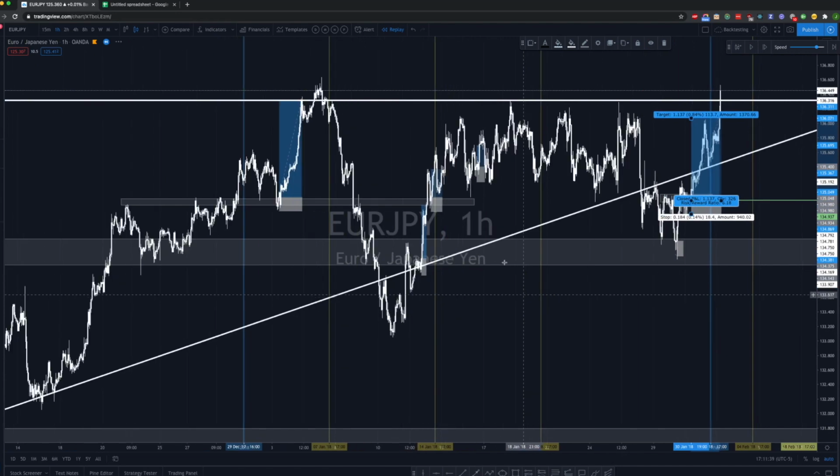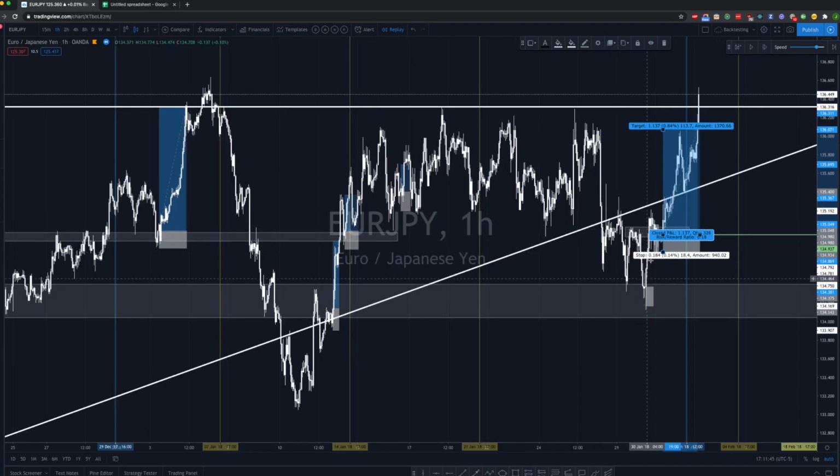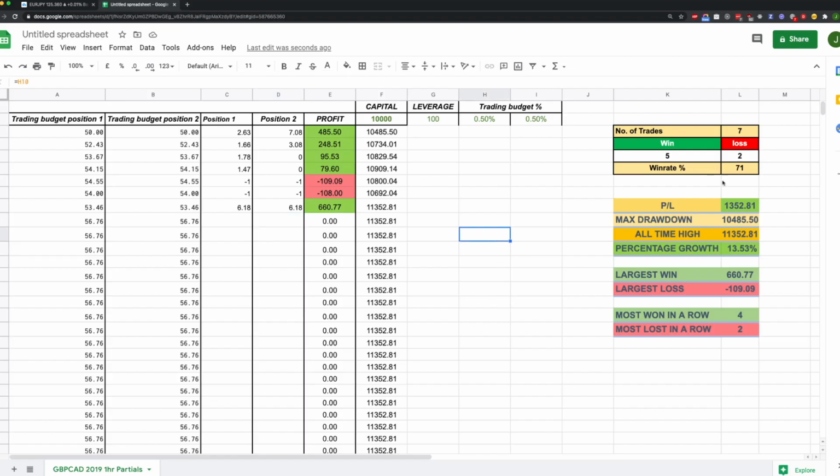So what we had: 1, 2, 3, 4, 5, 6, 7 trades, 2 losses and 5 wins. That's about average for me. I aim for anywhere between 60 to 70% win rate, and that was pretty good for me.